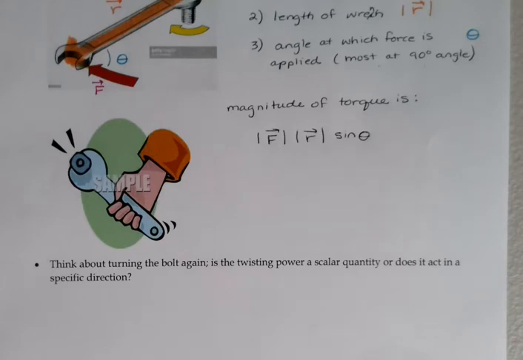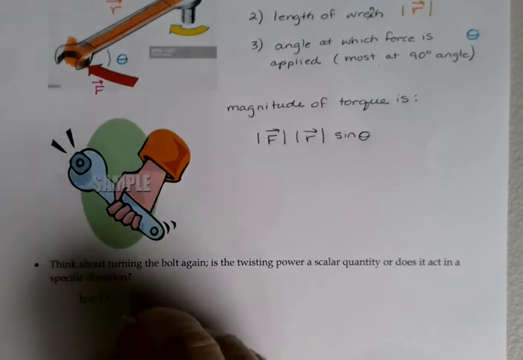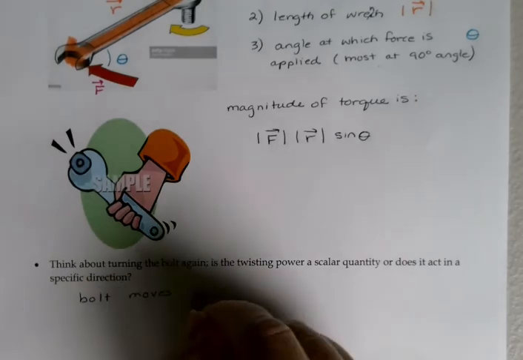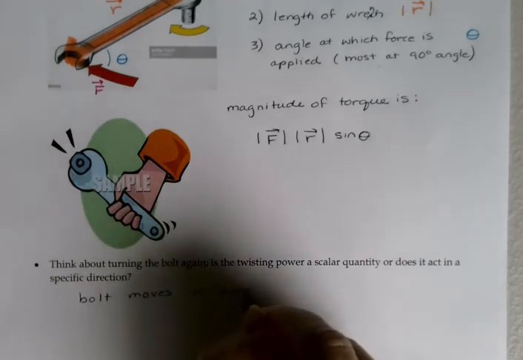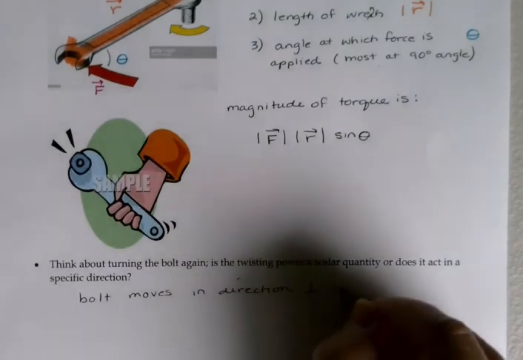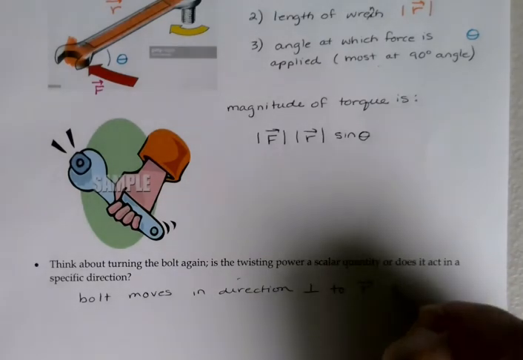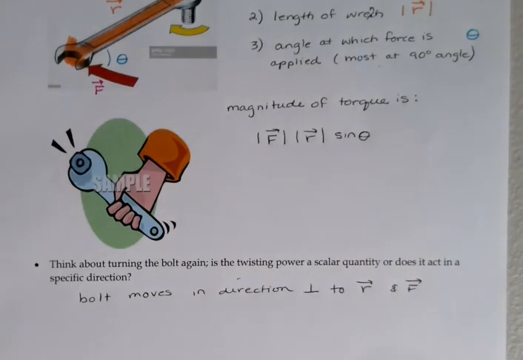It actually moves perpendicular to the wrench and the force, right? It either goes into the board or out of the board. So this bolt does move specifically in a direction perpendicular to the wrench R and the force F.